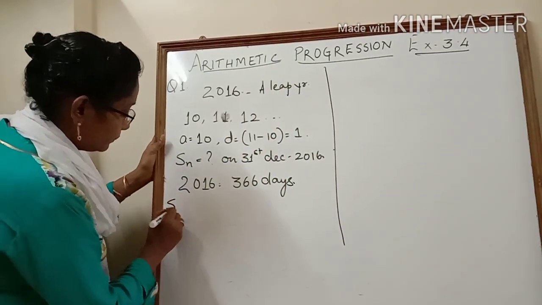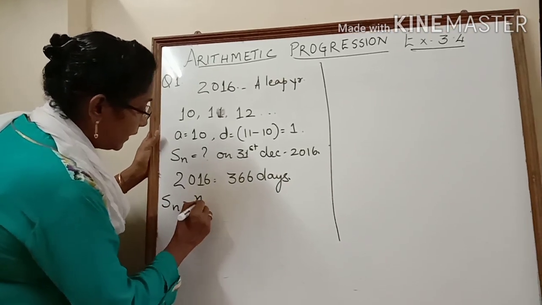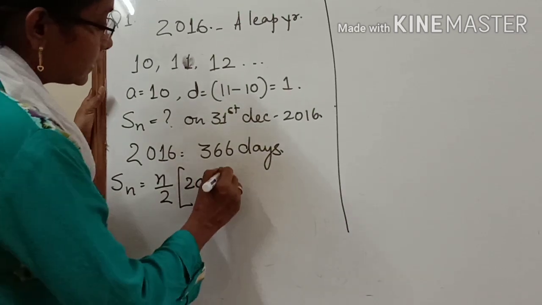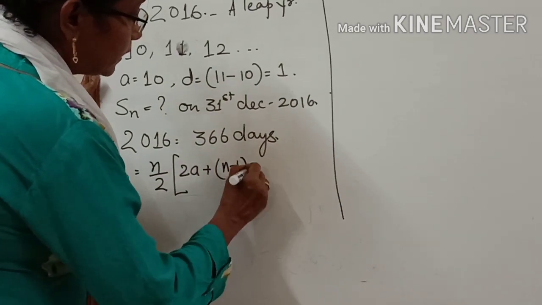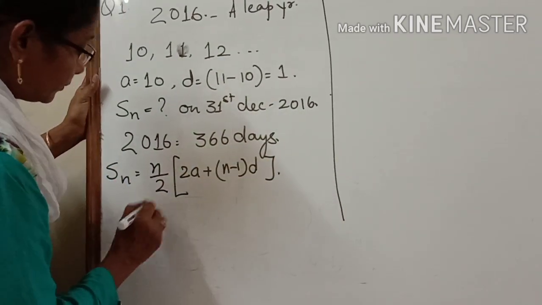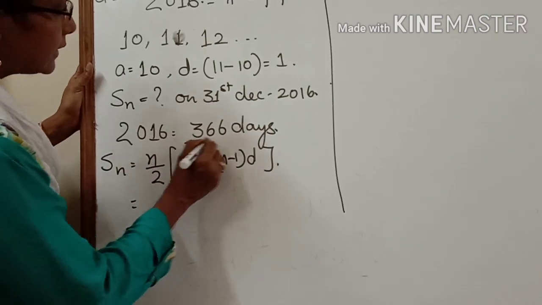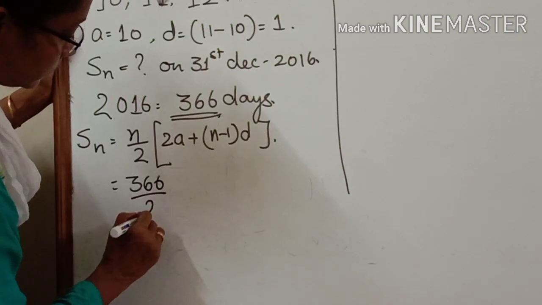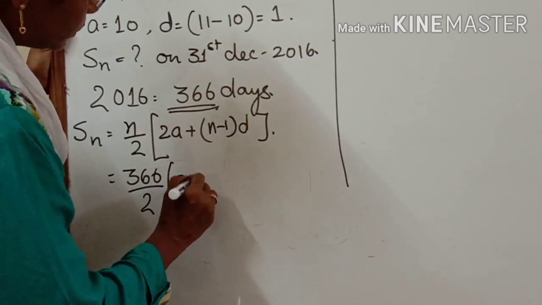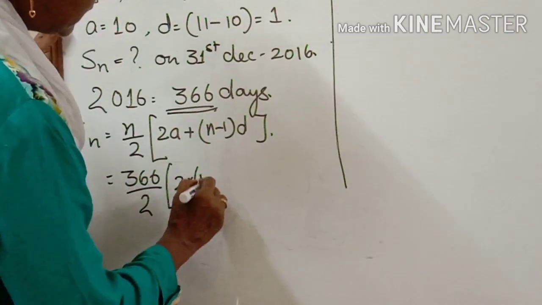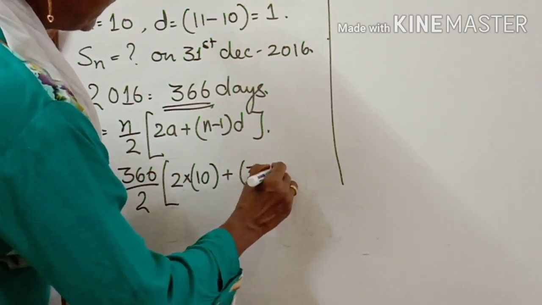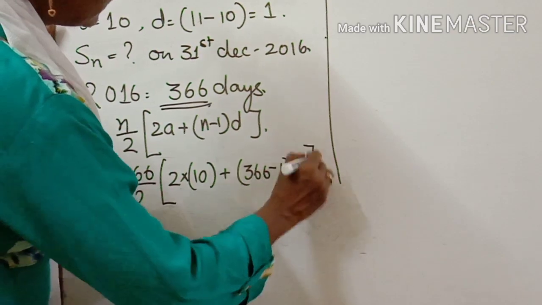Now the formula of Sn is equal to n upon 2 into 2a plus n minus 1 into d. Now n is equal to 366 upon 2 and 2 into a is 10 plus 366 minus 1 into 1.